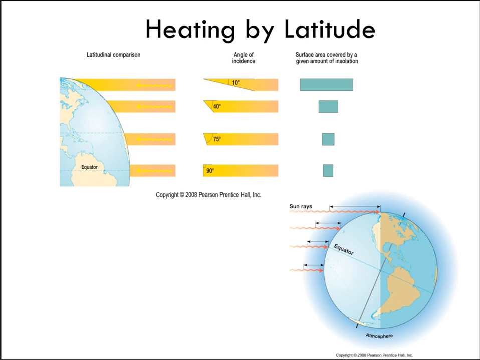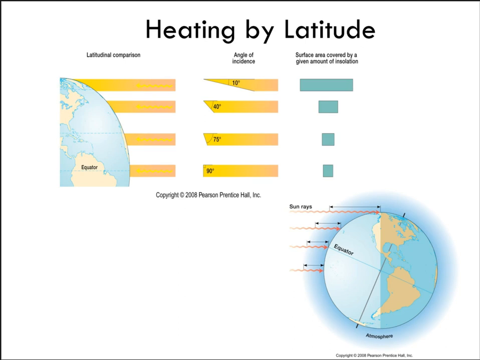At 90 degrees, the green box is very small, with lots of intense energy, whereas at 10 degrees, the amount of surface covered by the insolation is significantly more, so that same amount of energy has to be spread out over a much larger area, meaning that it's not going to be as much energy.